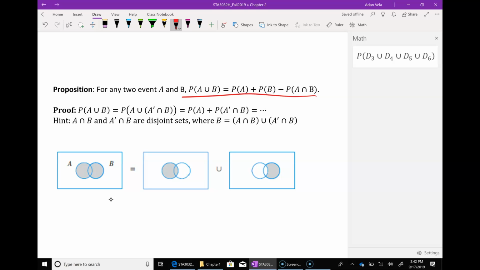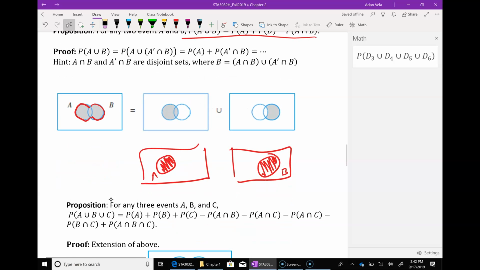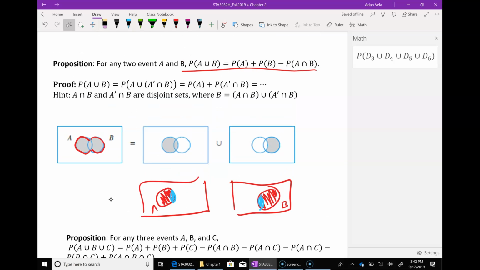And it sort of makes sense because if I'm saying I want the probability of both these things, this area here, what I can do is certainly add up individually A, all right, and then individually B. There's A and there's B. But the problem is I double counted the part that they have in common. Okay. And so I need to make that adjustment here.